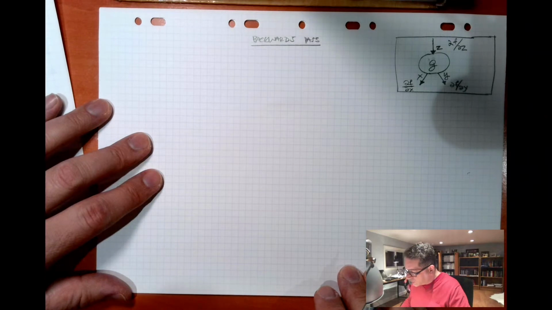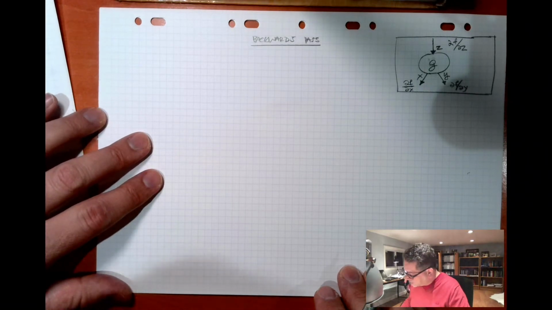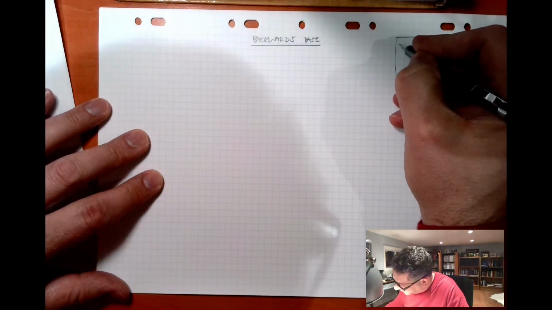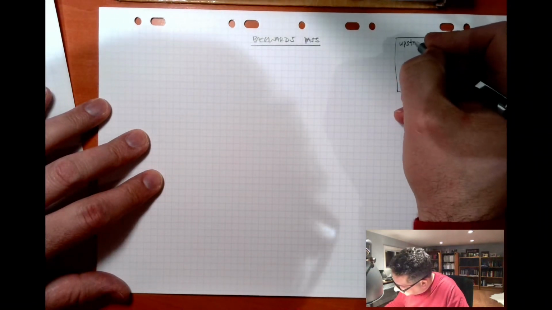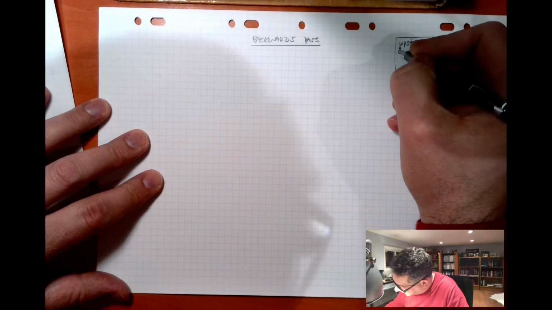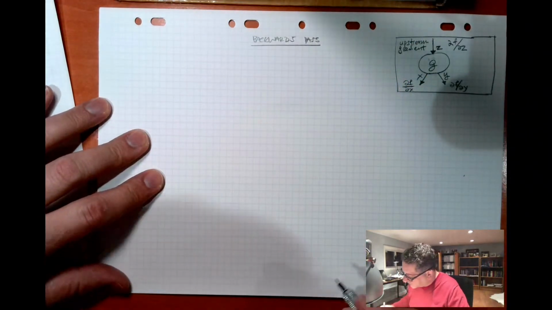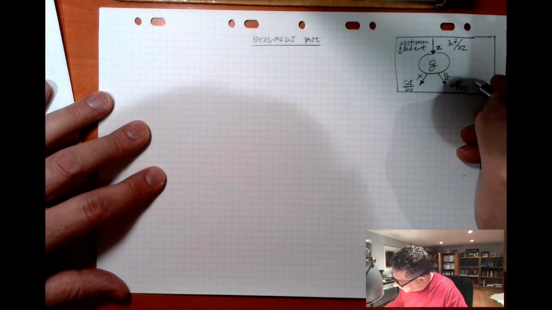As it will turn out, this is everything that we need. So we will be using the term upstream gradient. This upstream gradient is given, and we will call these guys downstream gradients.